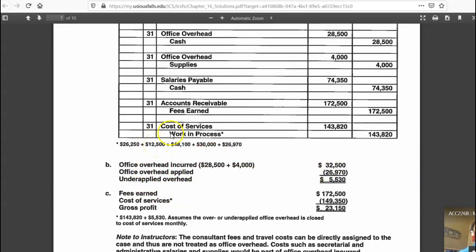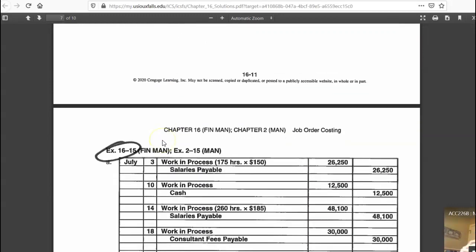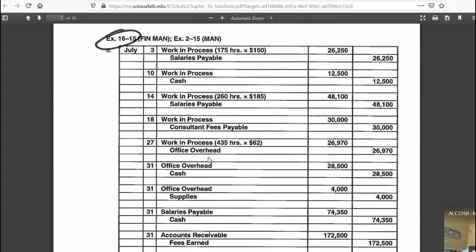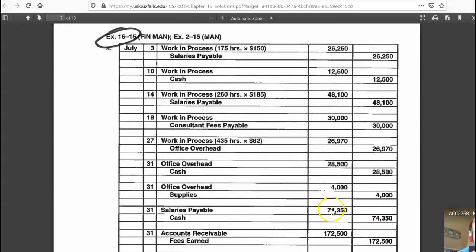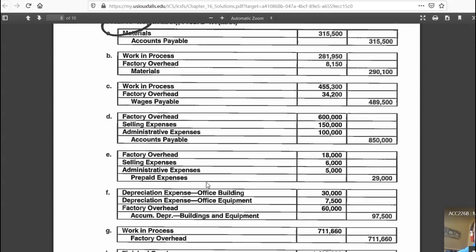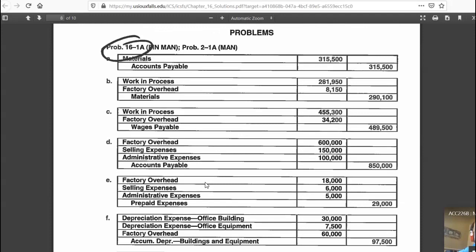Anybody have any questions on just this exercise number 15? Anybody? All right, we'll look at problem 1A. What's going on in 1A? Let's look at these journal entries again. It gets to be really repetitive again and again.